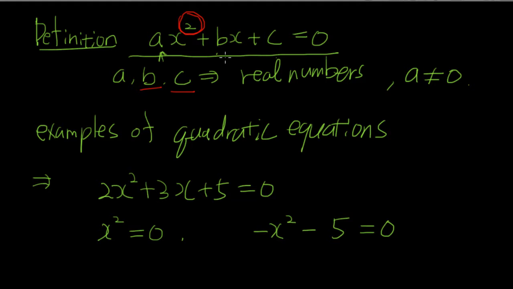What about b? B should be 0 because we don't have x term. What about c? C should be negative 5. So, something like that would be a quadratic form. So, what do we call a quadratic equation in this form? This is what we call the standard form.